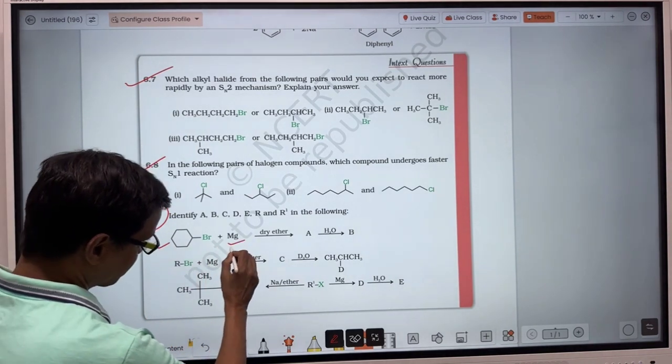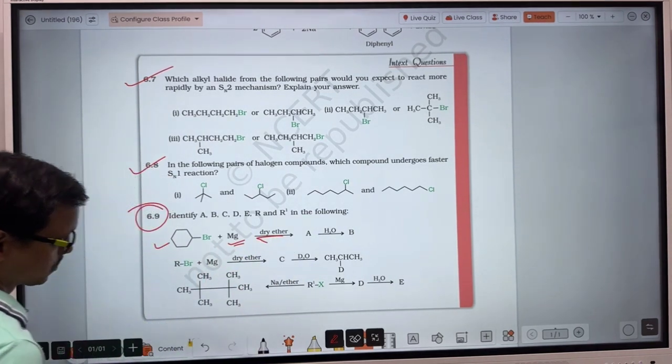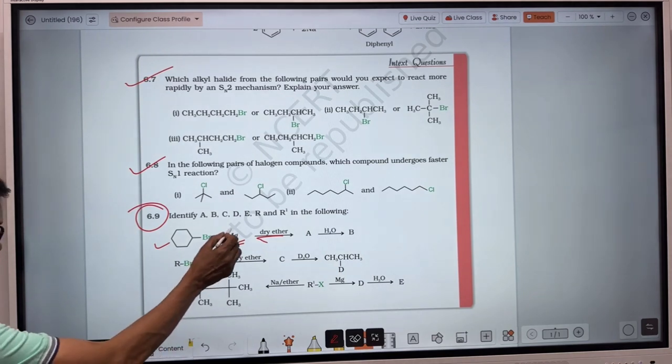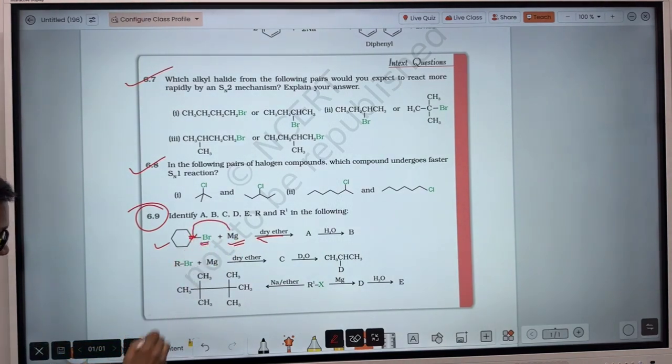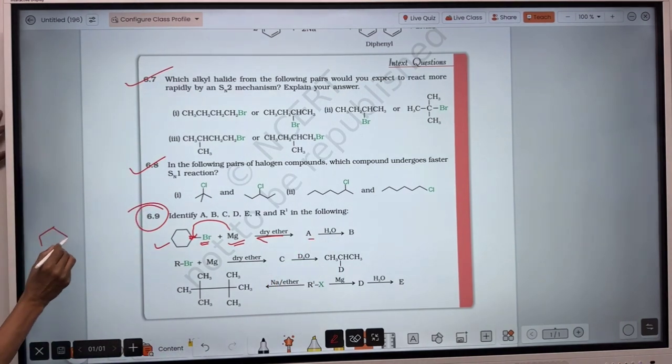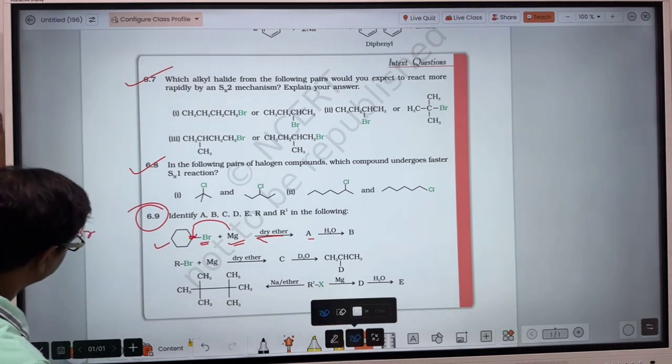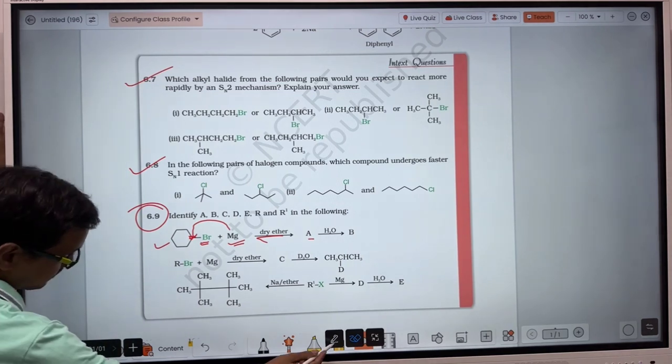Haloarene reacts with magnesium in presence of diethyl ether. What I have told you is that magnesium will get bonded to the carbon atom, and the halogen will get bonded to the magnesium. So what will A be? Watch this reaction here. This is cyclohexane, not benzene.